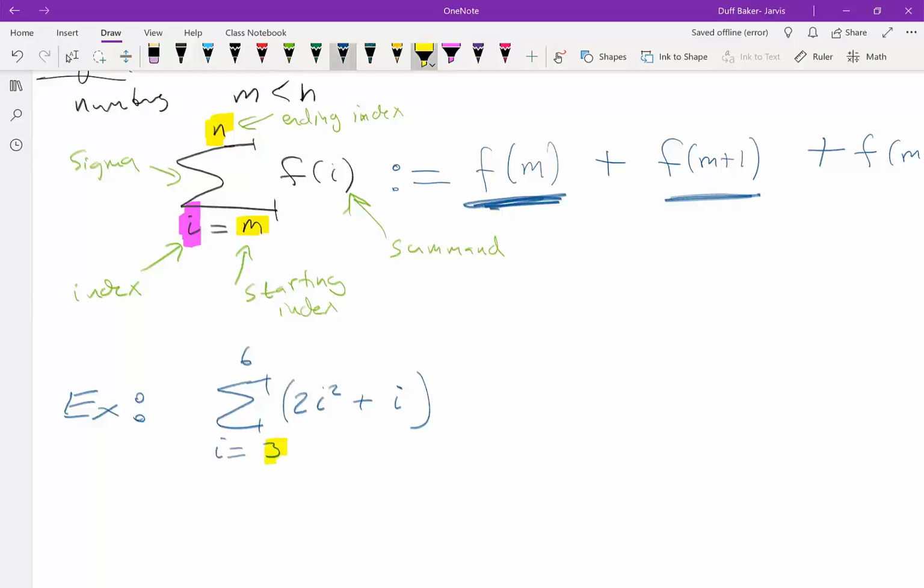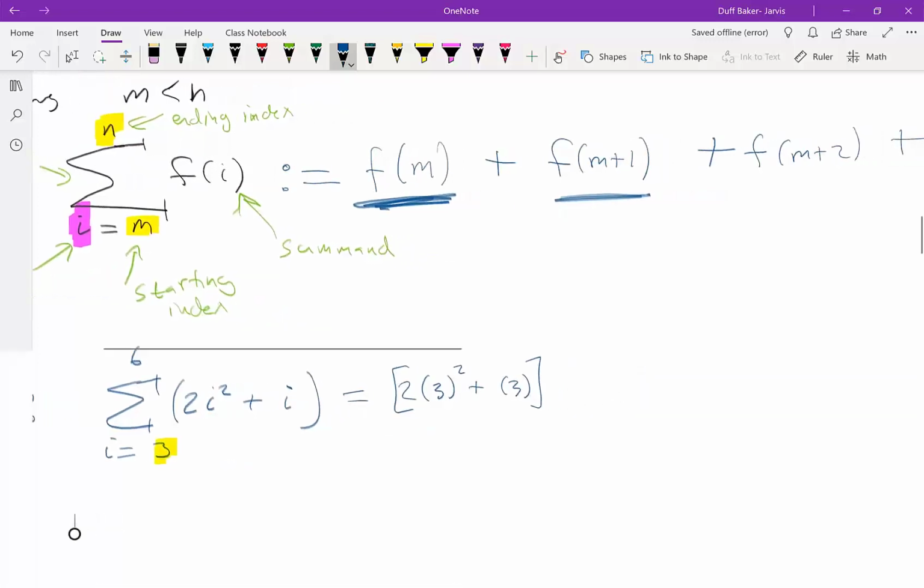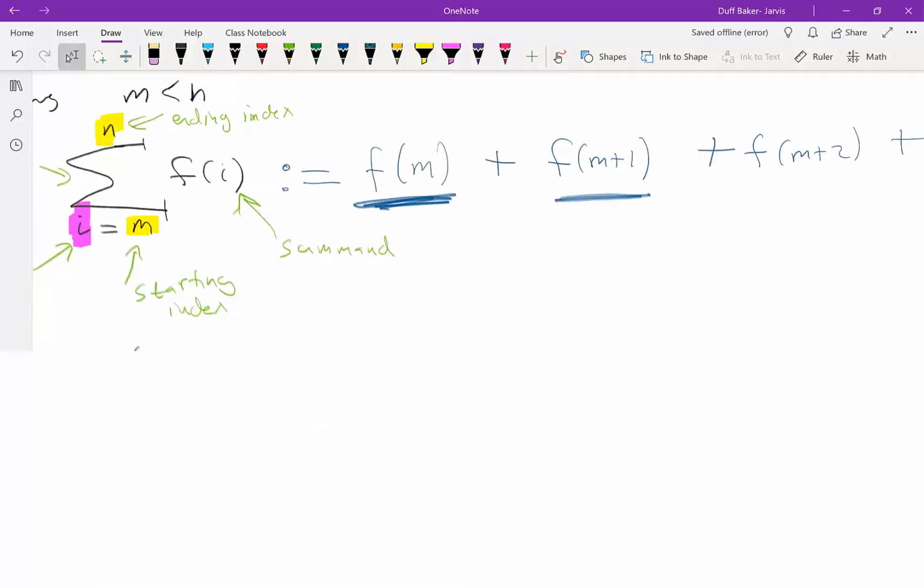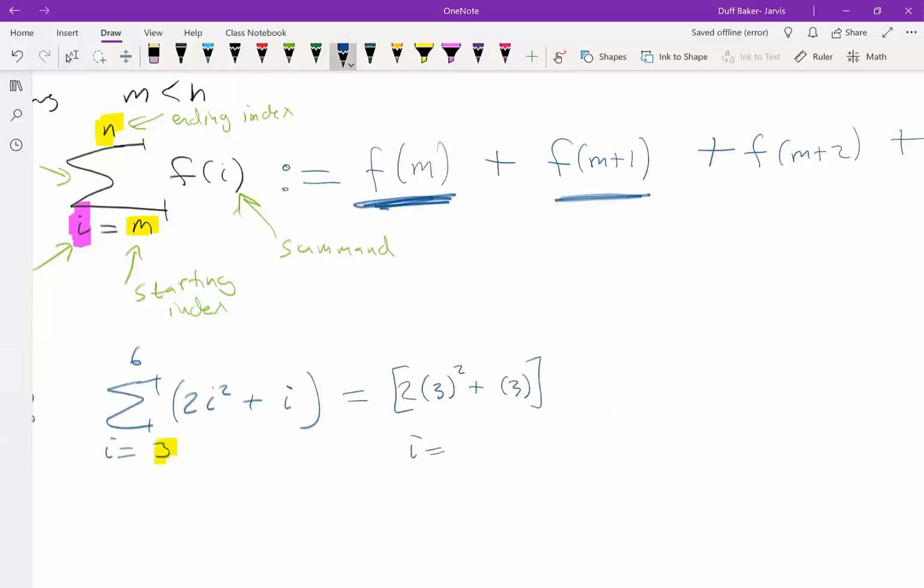So then the first term that you get is you plug that in for your index i. Right, so you would get this as your first term. Then, so this was i equals 3, you would go up to i equals 4, increment i.